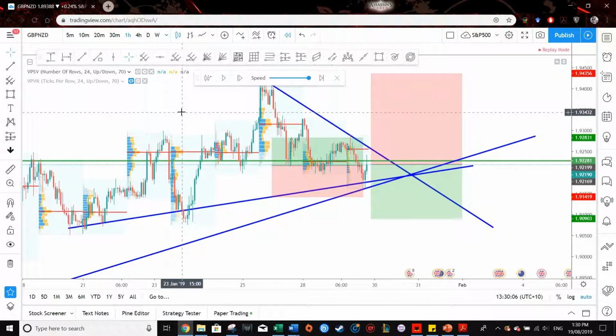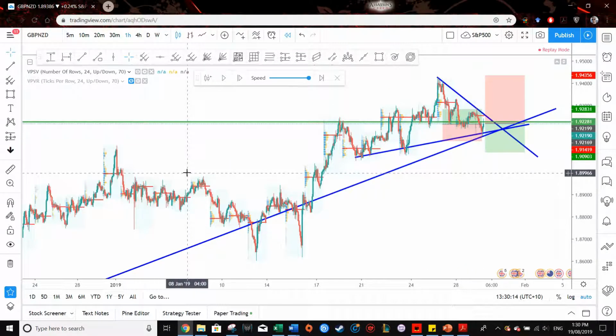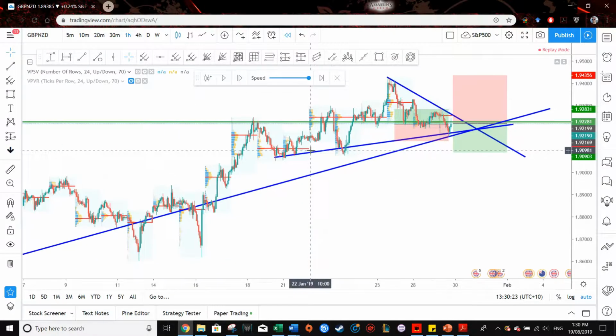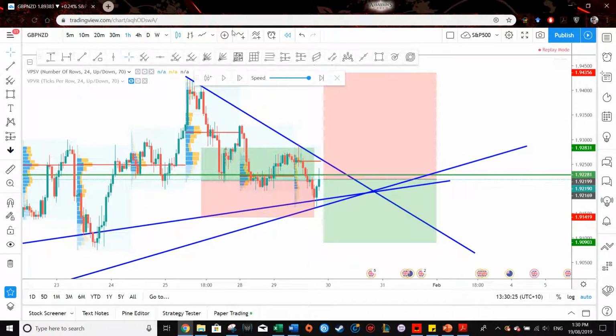I also think that based on previous supports, it's a buy opportunity, and there's also a long-term support line there. So let's press play.